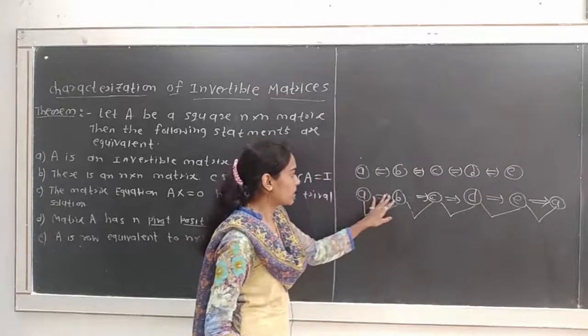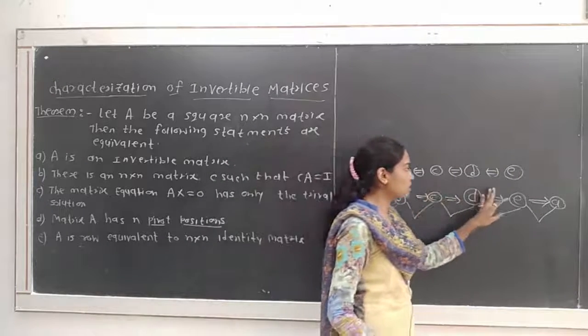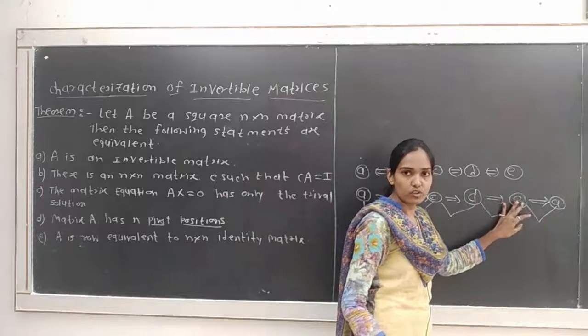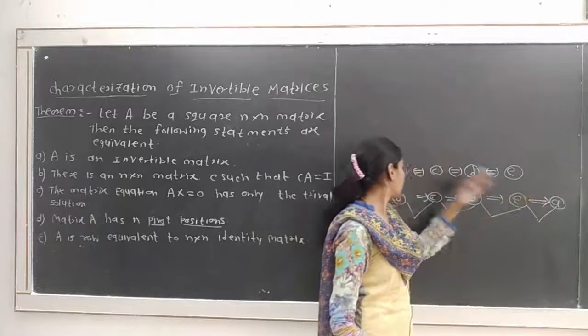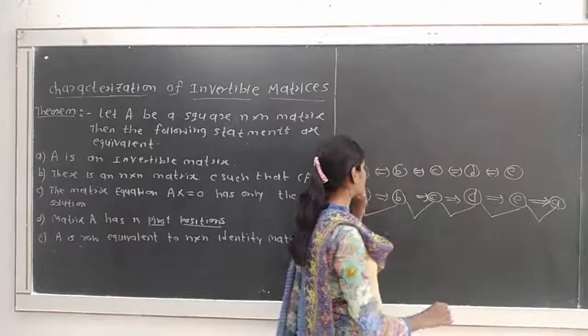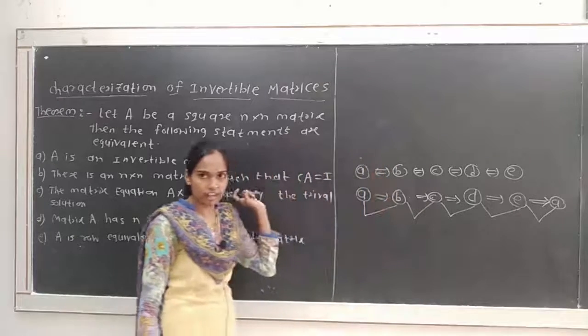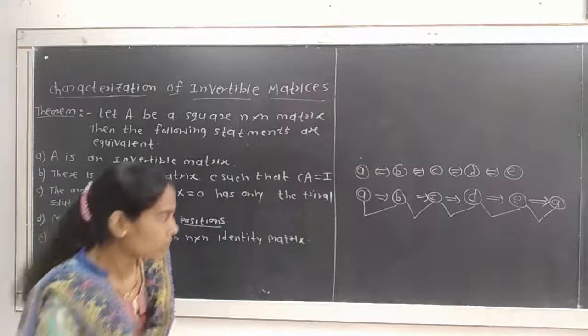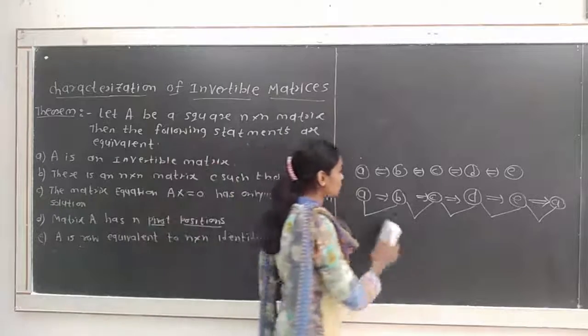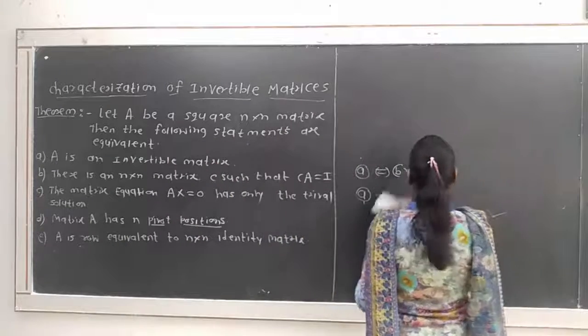That is, A implies B, B implies C, C implies D, D implies E, and if we show E implies A, then we get that all are equivalent statements. So we use this to prove that these are all equivalent.